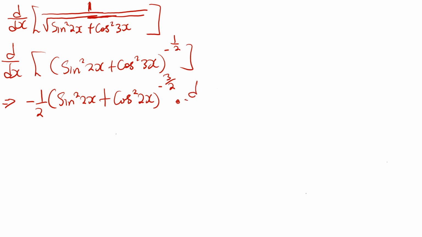Sorry, I wanted to multiply with the derivative of the angle before I differentiate what we have inside. So it goes process by process. This is the chain rule that I just applied here.